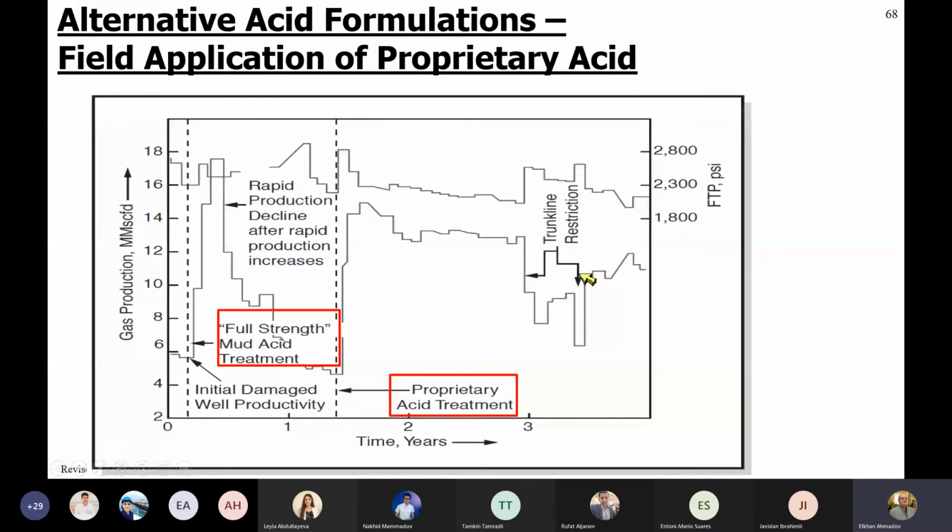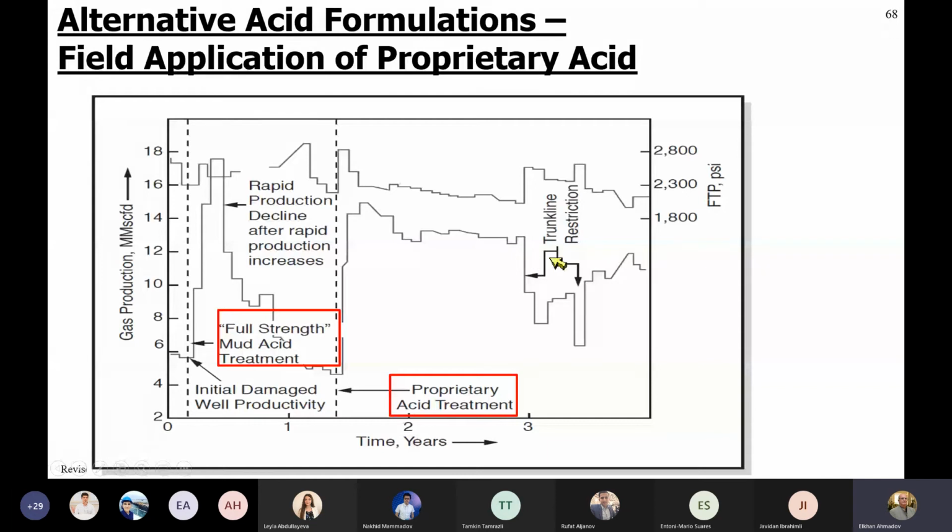So this is not related to the field production. This is related to the infrastructure restrictions. But the main point is that using the proprietary acid system helped much longer in the time perspective.